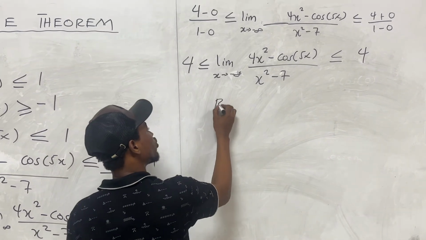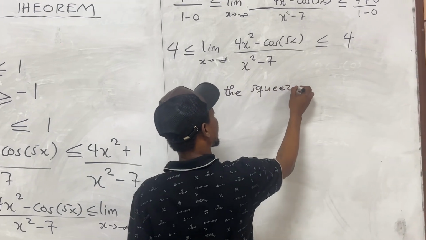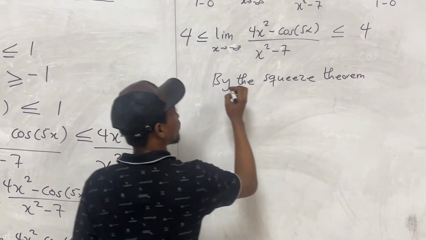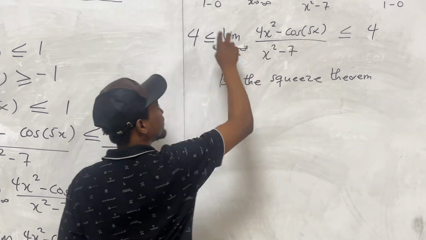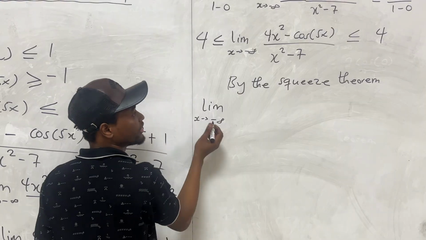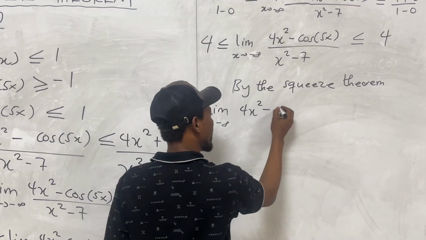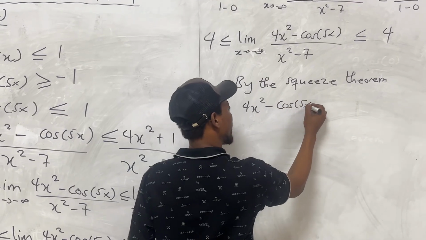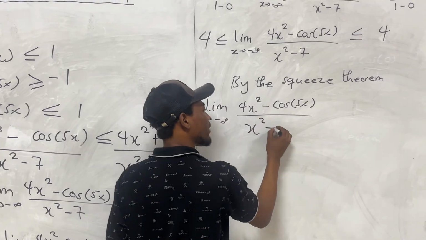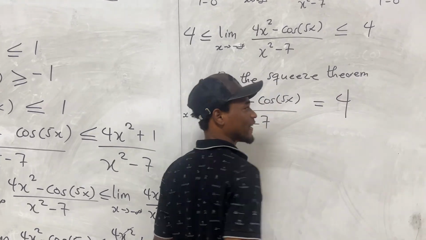So by the squeeze theorem, what do we know? We already know that the limit as x approaches negative infinity of the middle function, 4x squared minus cos 5x, all over x squared minus 7, is equal to 4.